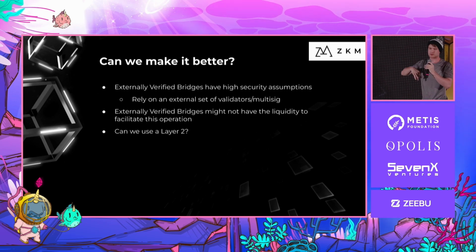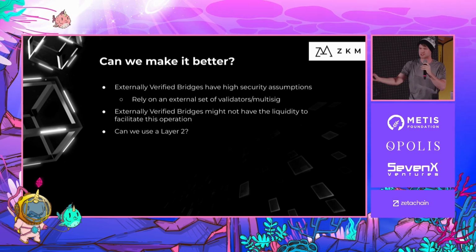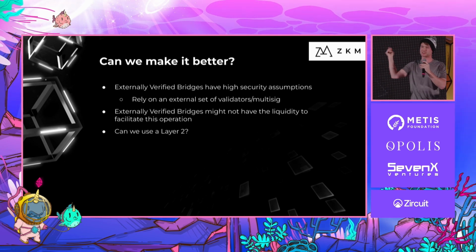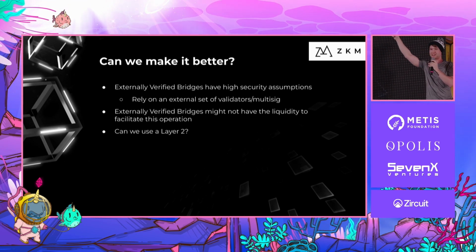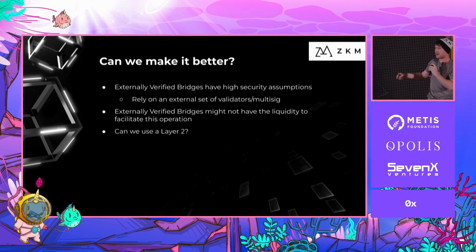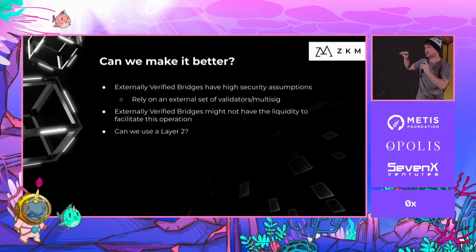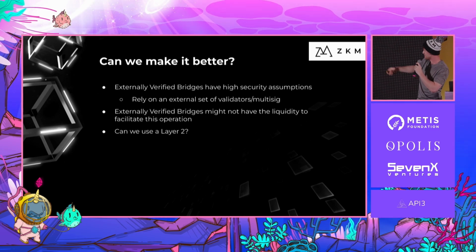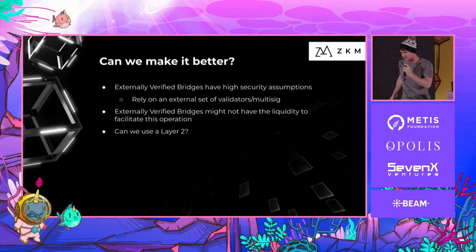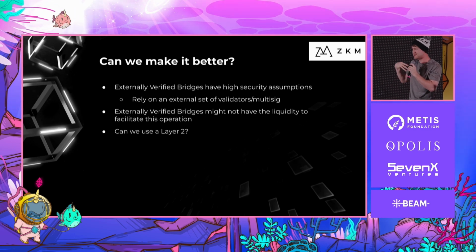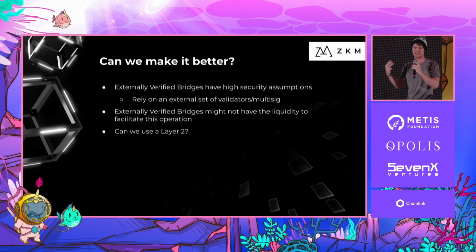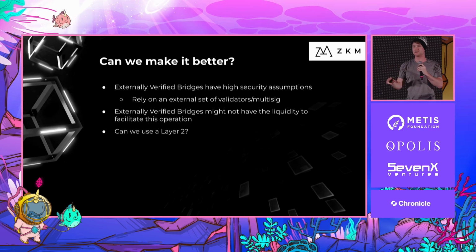Whether that be through different types of signature schemes like BLS wallets, or through, let's say, a validator scheme where I have another blockchain that verifies other blockchains. Either way, I have a higher security assumption to enable this bridging. In addition, externally verified bridges typically need to have a high amount of liquidity deposited within their contract. So they need to attract a lot of VCs, a lot of people to put money into the application.